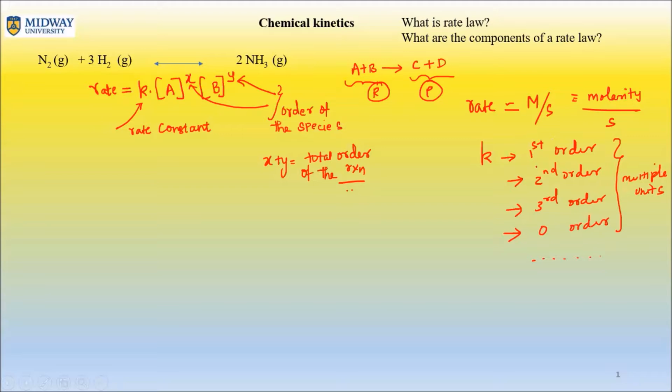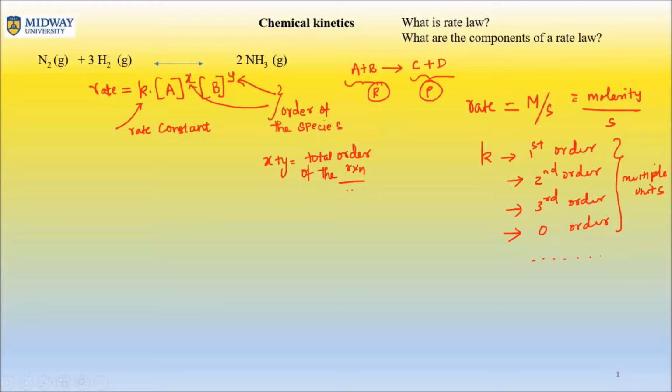If the reaction is first order overall, that's what would be reflected through K. So it's easy. If you know the unit for K, you can tell whether the reaction as a whole is first order, second order, third order, etc. You cannot say that with rate alone.